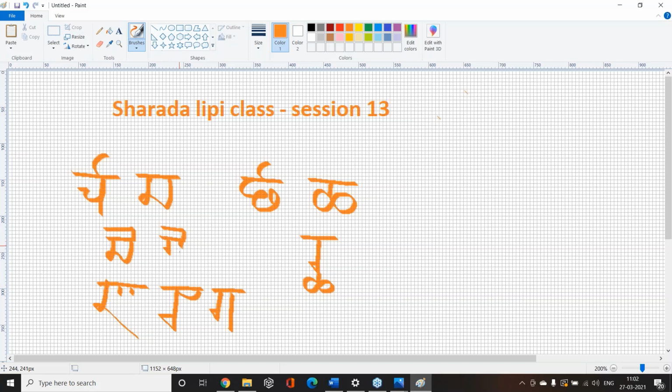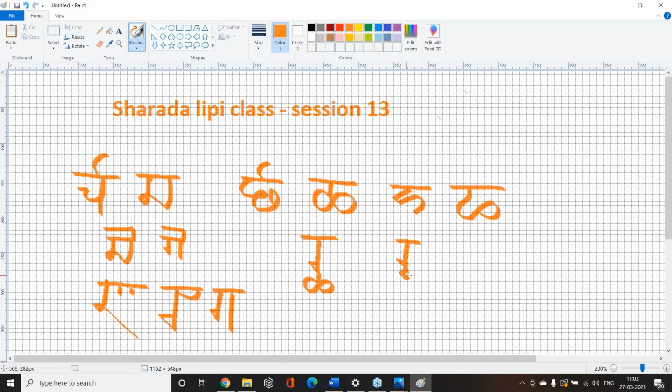But when it comes to cha, pa, or fa, or let's say another example, these are the letters that are touching the Shirorekha only once. So they will be written just directly below the letter ra.